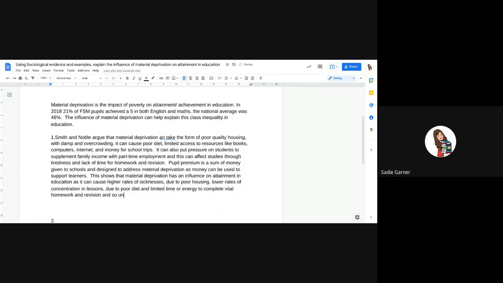And so underachieve as a result. That's the influence. The influence is why would they be underachieving, or the influence is they're underachieving because of these factors. So that's the analysis this shows. I've used the exact terms of the question and I've summarized the influence or impact that it's having. Okay.